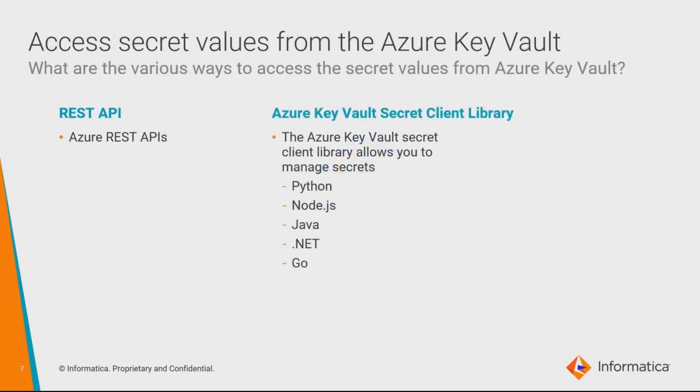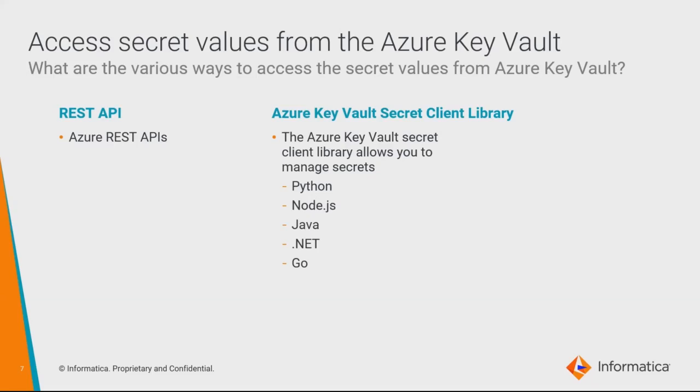So there are various ways by which we can access the secret values from Azure Key Vault. One of the ways is by using the REST API, that is Azure REST API, and the other is by using Azure Key Vault Secret Client Library. The Azure Key Vault Secret Client Library needs to be installed on the machine.